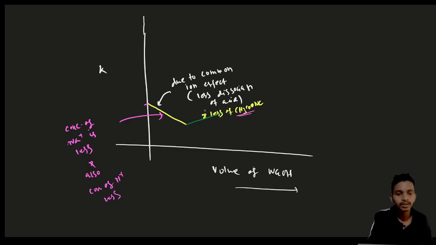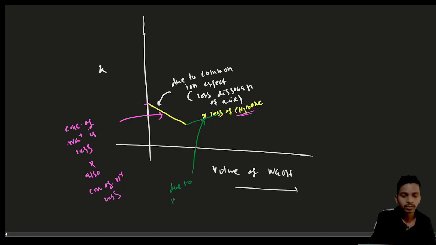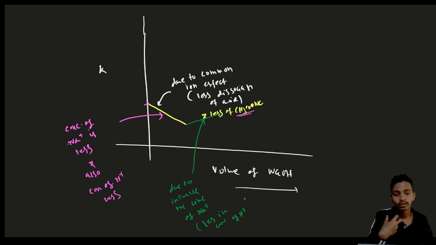This is due to whenever adding more and more NaOH, more and more CH3COONa will form. This is due to the increase in the concentration of Na plus, because more and more CH3COONa forms, and obviously a decrease in the concentration of H plus, because this is all due to the common ion effect.